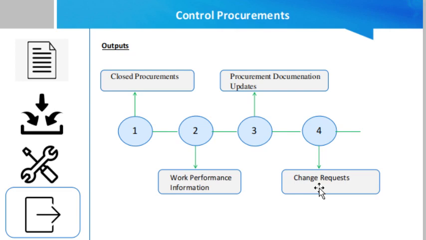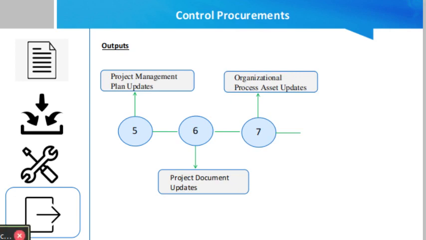For example, you have ordered one hardware, now after a few months you realize that you need one more additional hardware as well. So that is called a change request. The vendor has already provided you one hardware, now you realize that you need a second hardware as well. So as per the scope, as per the procurement, you have to raise a change request.